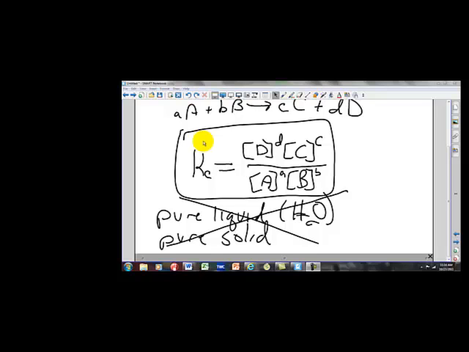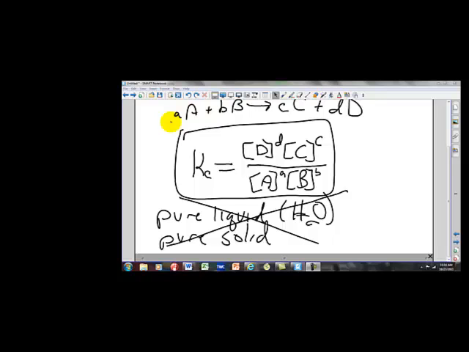A couple other things to note about this. One is you'll notice the equilibrium constant, unlike kinetics, depends solely on the stoichiometry of the equation. No mechanisms here, just straight the stoichiometry of the equation.